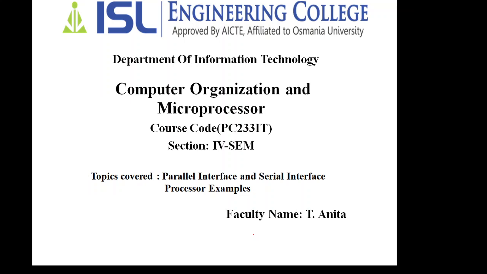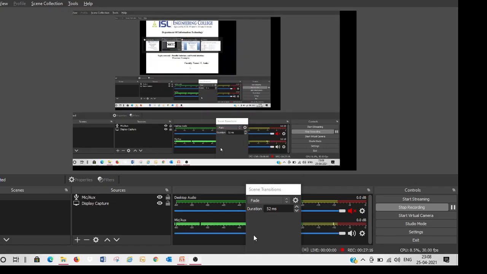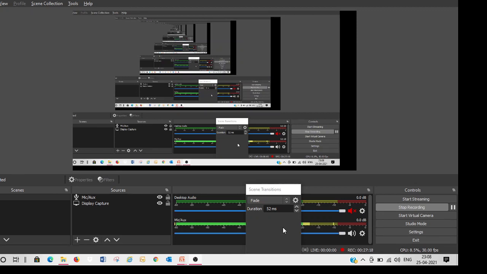That interface is of two types, serial and parallel. In serial, bit by bit transmission is done. In parallel, multiple bits at a time can be transferred. That is the difference between serial and parallel. Already we have seen the many differences between serial and parallel interfaces, and that's all for today's class.